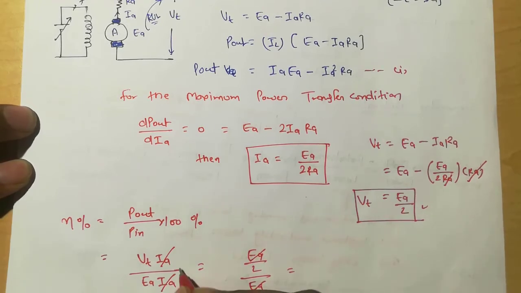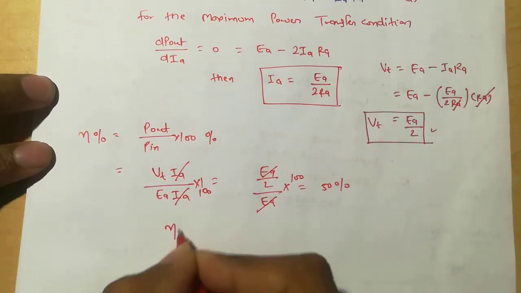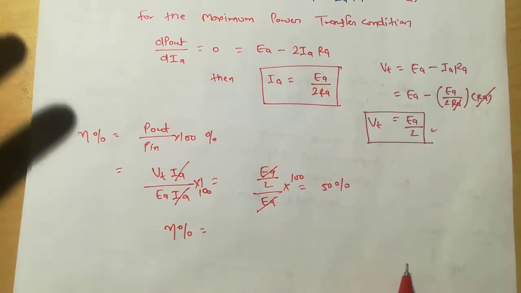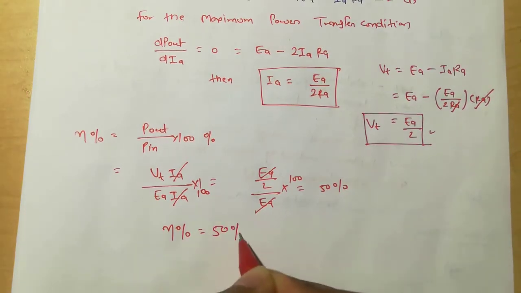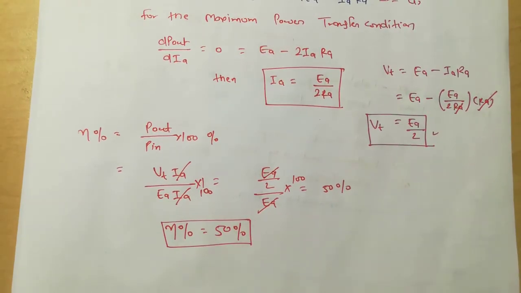Then we have one half multiplied by 100, so we get 50%. It means at this condition of maximum power transfer, we have 50% efficiency of the machine.